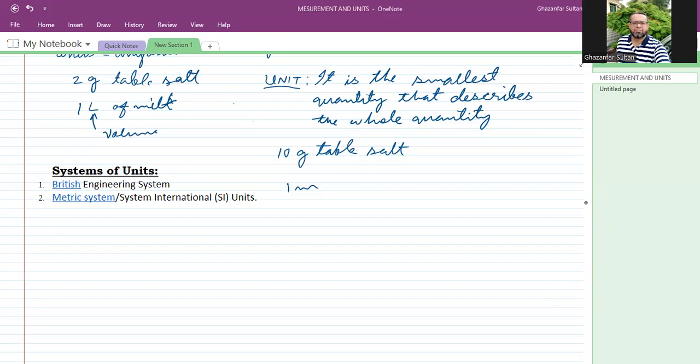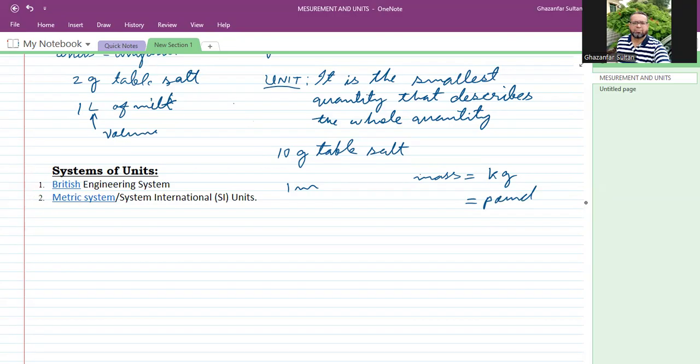For example, in most of the world, mass is measured in kilogram, but in the British system, mass is measured in pound. So similarly, there is a difference between the British system and the System International.